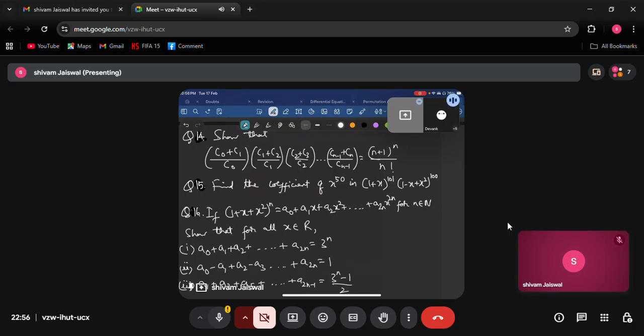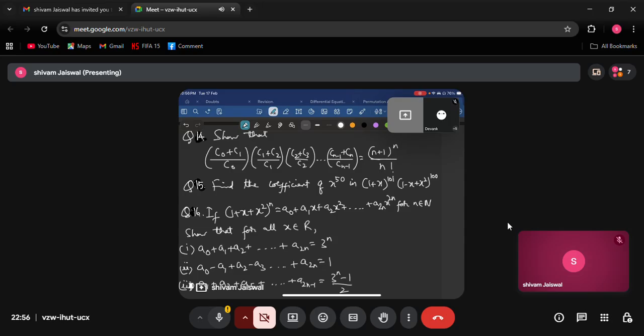Yes, that's what I was saying. After getting the simplification n plus 1 C r plus 1, simplifying the numerator, you started substituting the value consecutively, right? Yes, sir. And then added. Yes. Okay. And so the continued product step is correct. Correct.